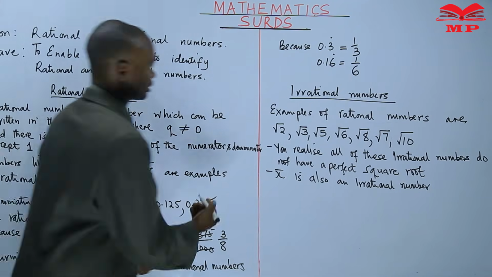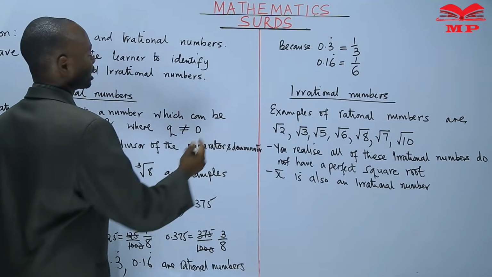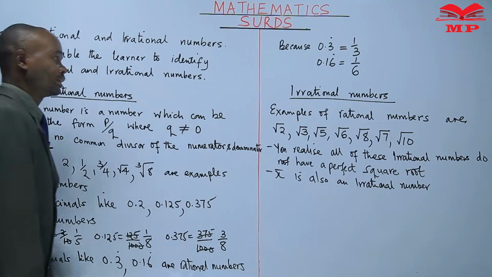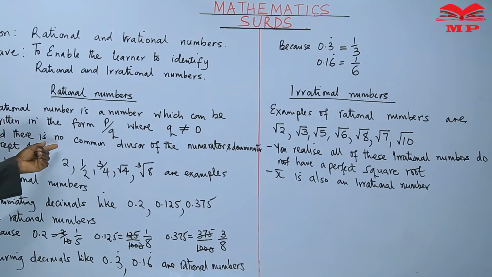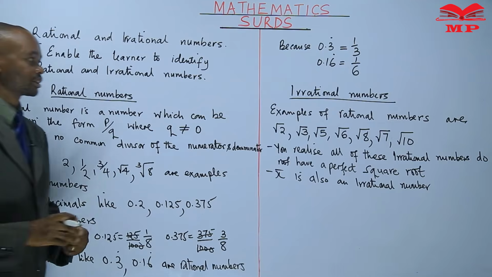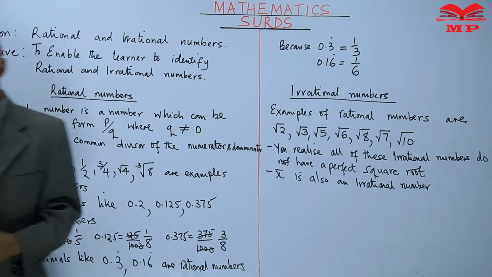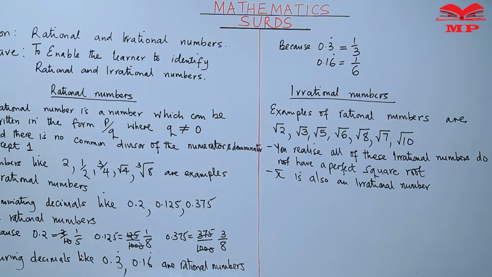The difference when we come to irrational numbers is that most of them occur in root form, like square roots, and they do not have the exact or perfect square root.